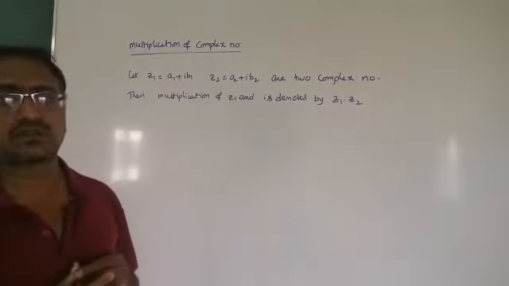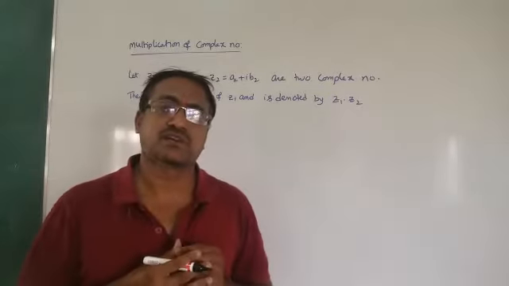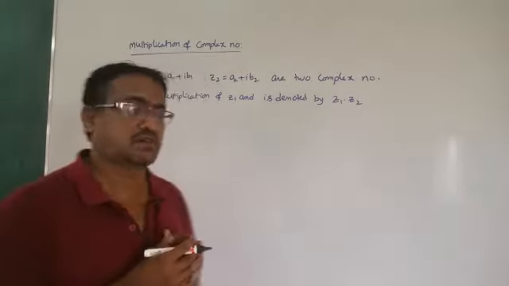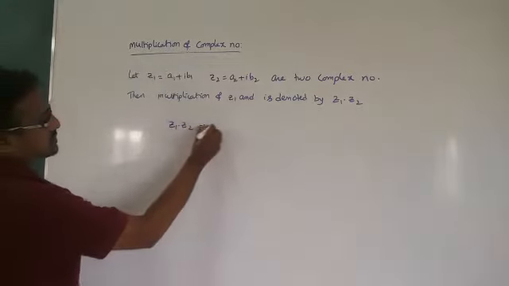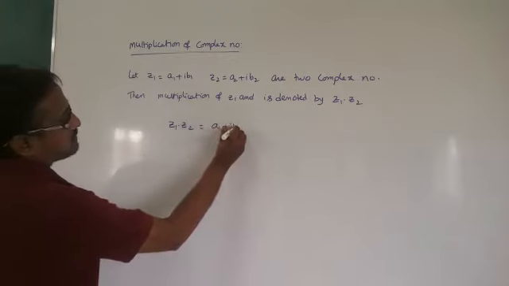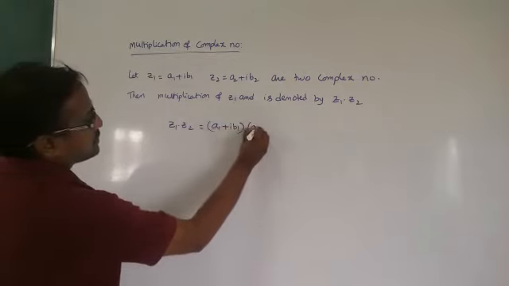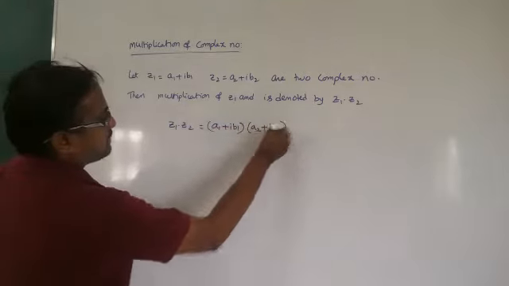Now this is how you write the multiplication of two complex numbers z1 and z2. So that z1 into z2 is equal to a1 plus ib1 into a2 plus ib2.